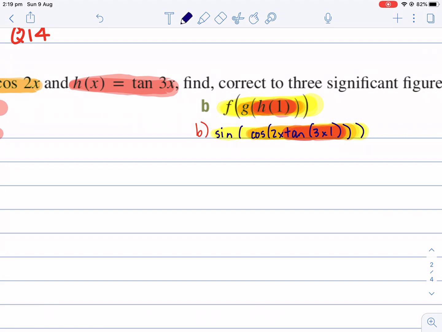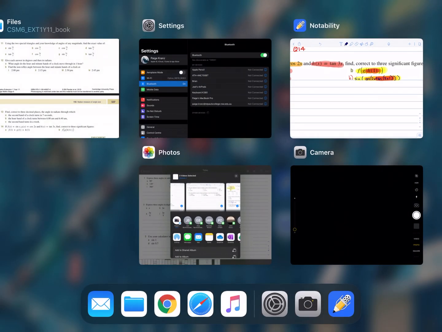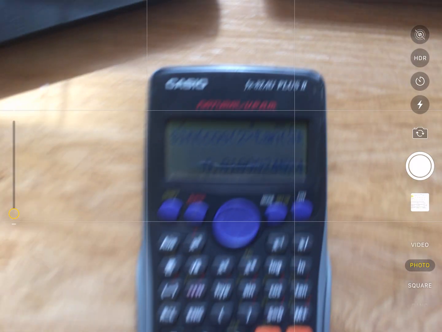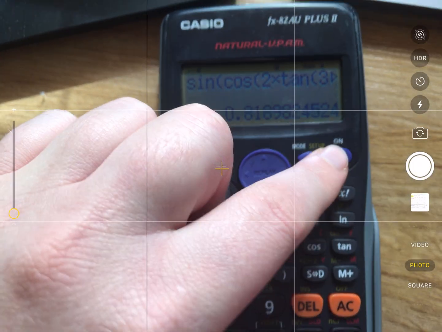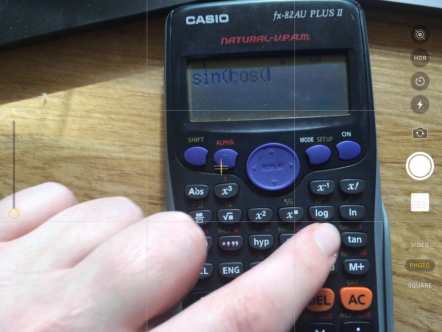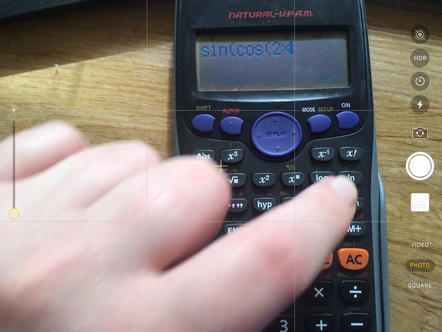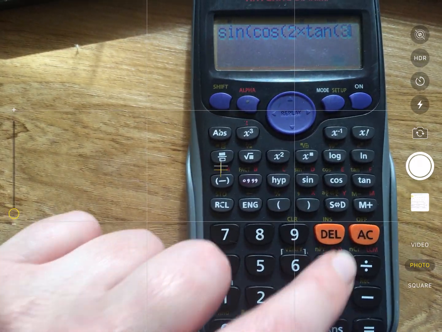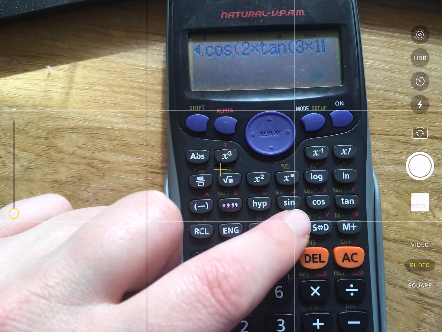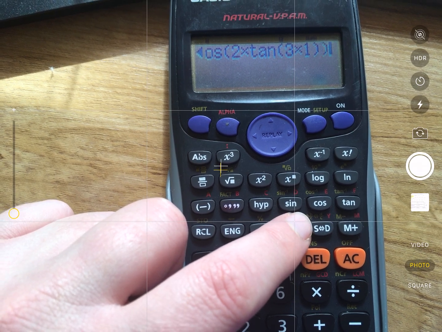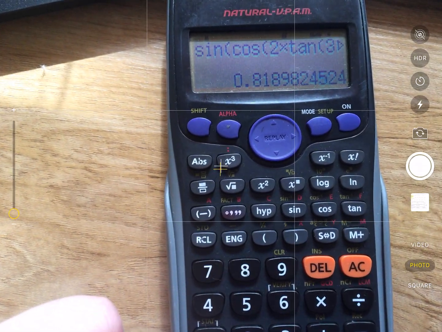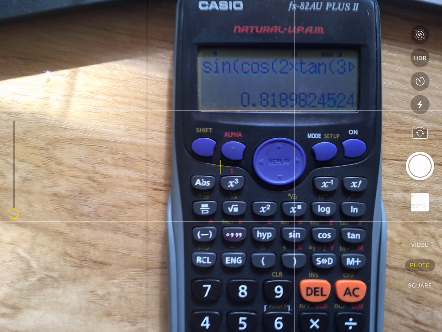I'm literally going to chuck it in my calculator as that. Sine of cos of 2 times tan of 3 times 1. Let me show you. So I did, hang on. Sine of cos of 2 times, and then we subbed in tan of 3 times 1. And close off the tan, close off the cos, close off the sine. 0.819.